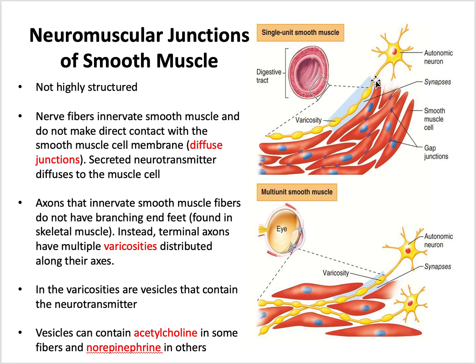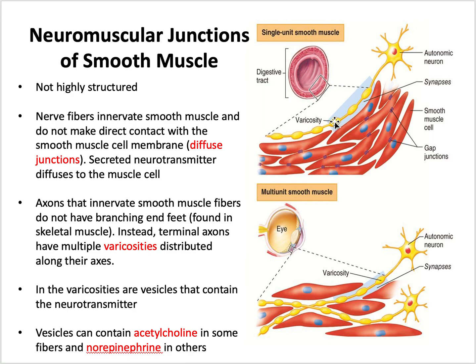And instead, like with skeletal muscle, we saw a single synaptic knob terminating on a single skeletal muscle fiber, right? Whereas here, what we see is along the length of the axon of this particular neuron, you see these varicosities, and each one of these is kind of analogous to a synaptic terminal or a synaptic knob of a motor neuron, right?